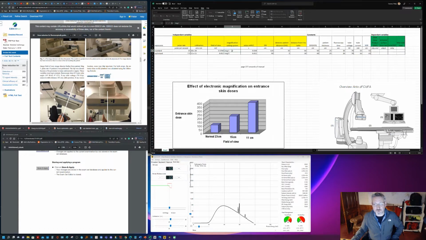We do know that they used mag 1 in their standard condition, but we don't know what that setting was. Now, I'm going to assume that mag 1 is 3 times the dose of mag 0, because this paper that I've looked at is showing us roughly 3 times the dose for the 11 centimeter mag compared to the 23 centimeter mag.